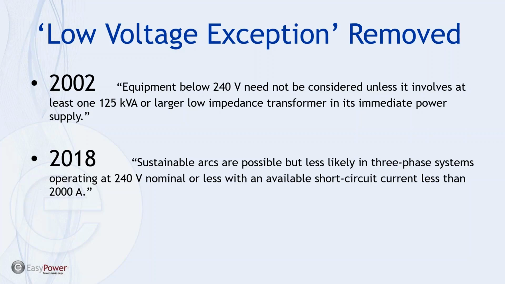With the most recent update, which was published in November of 2018, this topic has been modified, or the verbiage has been changed, and now the statement is sustainable arcs are possible but less likely in three-phase systems operating at 240 volts nominal or less, with an available short circuit current less than 2000 amps.